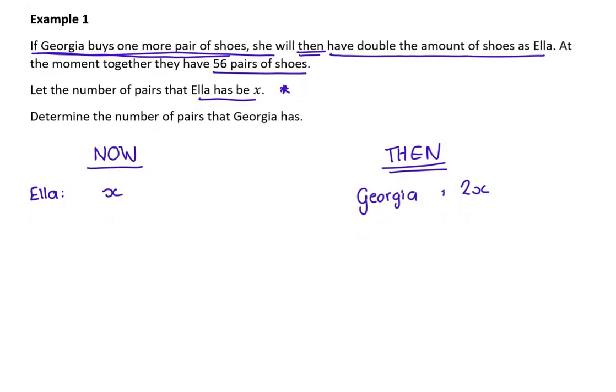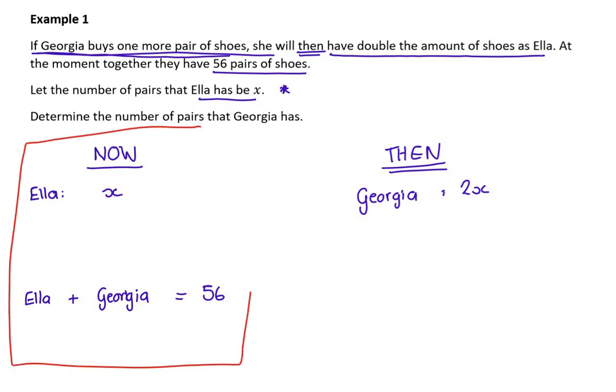At the moment, together, Ella and Georgia have 56 pairs of shoes. I need to know how many pairs of shoes Georgia has now so that I can make an equation. Because the whole point is now they have 56 pairs of shoes.